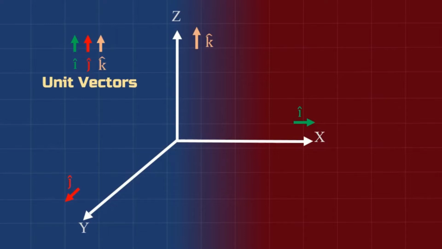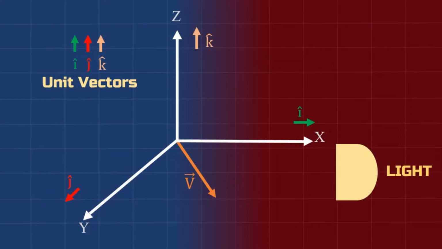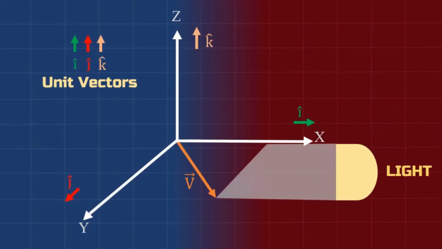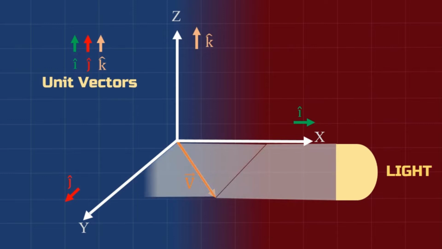Now we can find the components of our vector. Let's consider a vector capital V in the xy plane. In order to find the y component, we will project the vector capital V on the y-axis, and similarly for the x component. If we put a beam of light perpendicular to the y-axis on the vector V, we will see the projection or the shadow of the vector V falling on the y-axis.